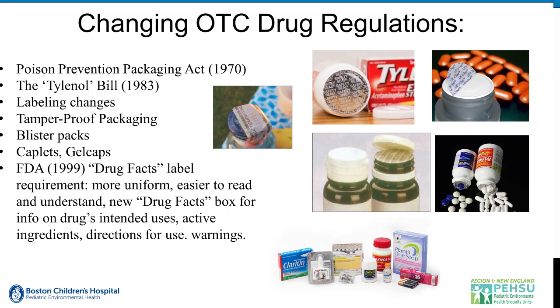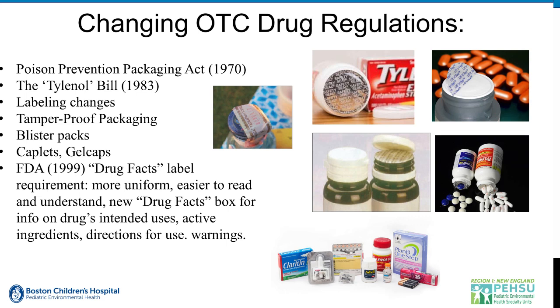Also, in the aftermath of this Tylenol murder episode, this even came after the Poison Prevention Packaging Act, which produced child-resistant containers. There was another federal bill called the Tylenol bill that required labeling changes.